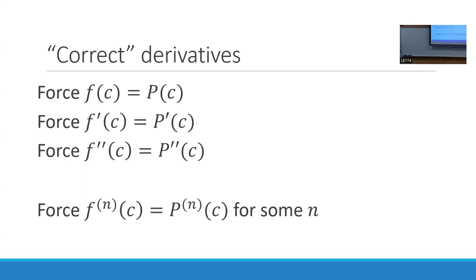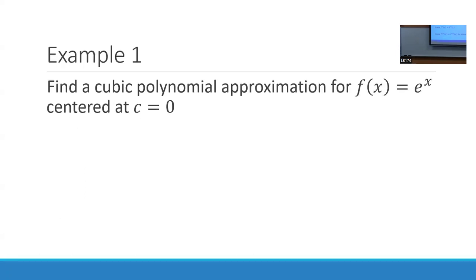So whatever the degree of my polynomial is, I want that many derivatives to match up at C. Now, how are we going to force that? That's the big issue. And I'll kind of go through an example, and then I'll give you the definition of a Taylor polynomial and how to get that.